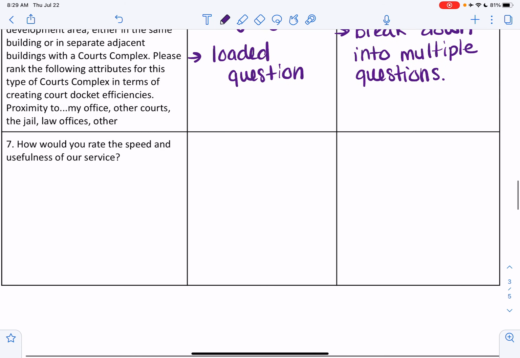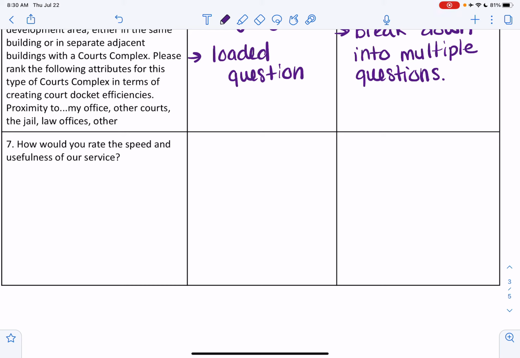Okay, and the last one, how would you rate the speed and usefulness of our service? Well, what if the speed was good, but the usefulness wasn't good? What if the speed was bad, but the usefulness was pretty good? What's happening here is there's not enough options, and it's not allowing me to rate these individually.